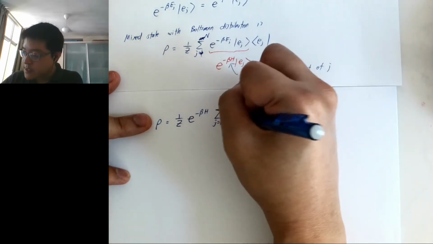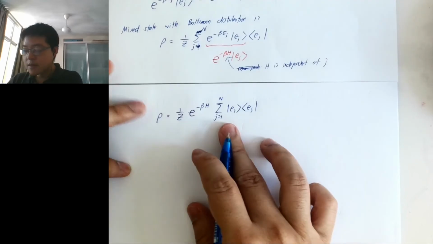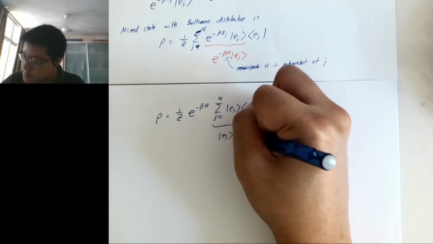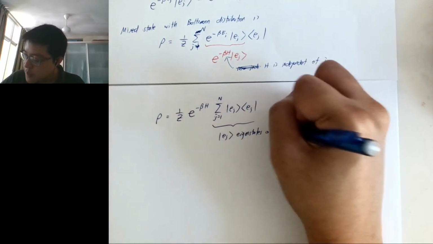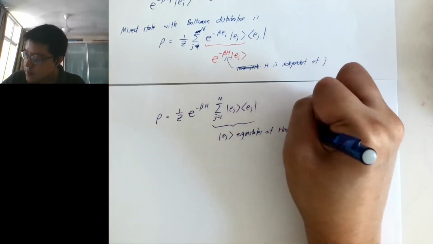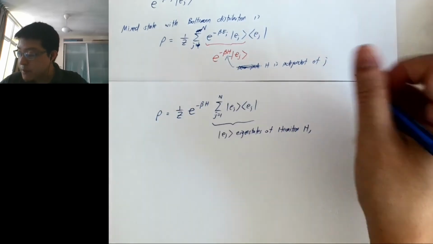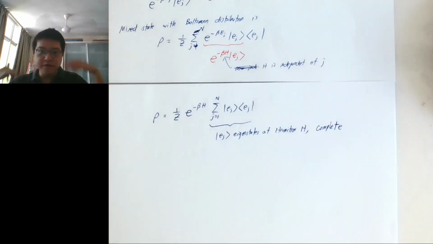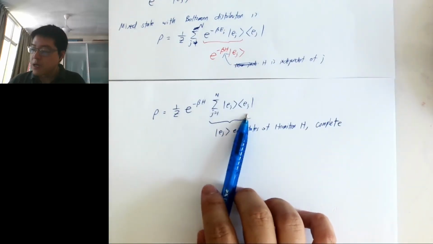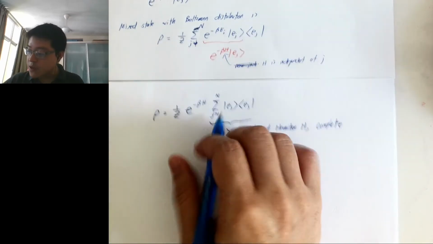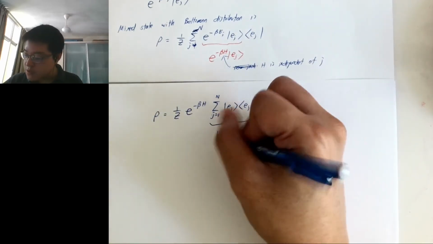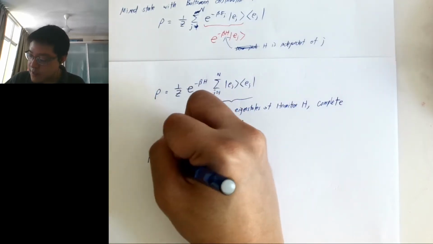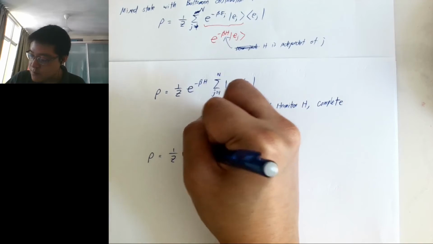What we have here is the summation over Ej Ej. These are eigenstates of the Hermitian operator H, which we proved back in chapter 1 are complete. I'm using this as a chance to refresh what we did a long time ago. Complete means the sum over everything equals the identity, so it's just the identity times the operator. So I got rho equals 1 over Z, e to the negative beta H.